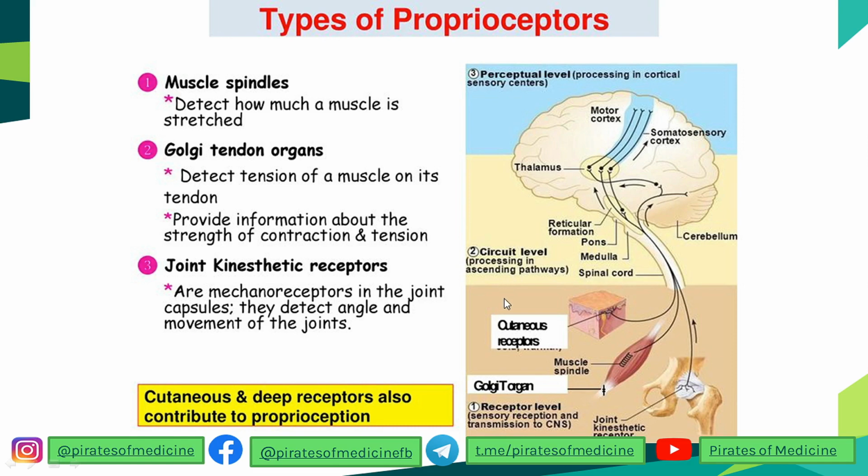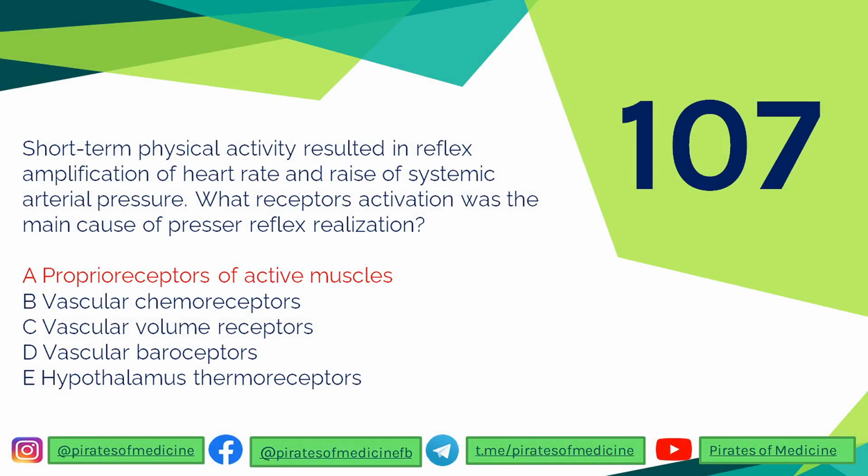And in turn, the cortex of our brain activates the sympathoadrenal system, which leads to increased amount of adrenaline, and the adrenergic system, which ultimately leads to amplification of heart rate and raise of systemic arterial pressure. So this is the pressure reflex realization, which occurs due to activation of proprioceptors of active muscles. Correct?